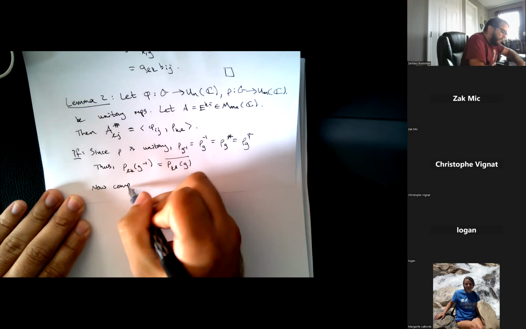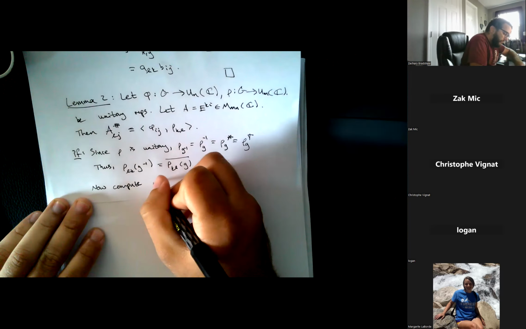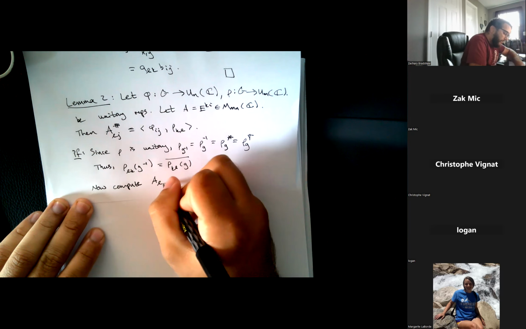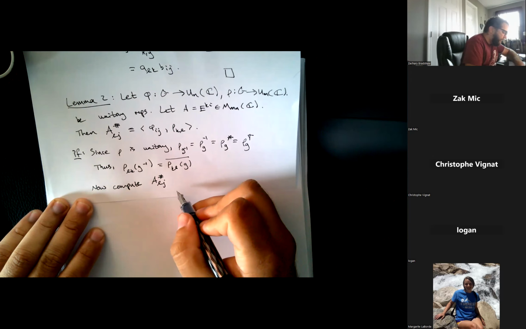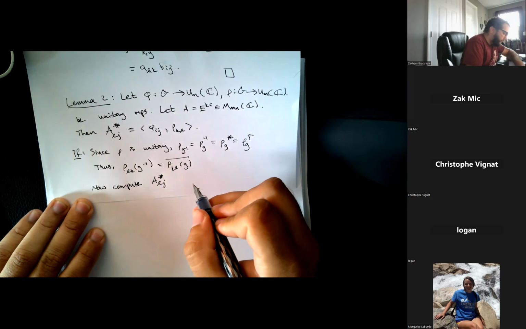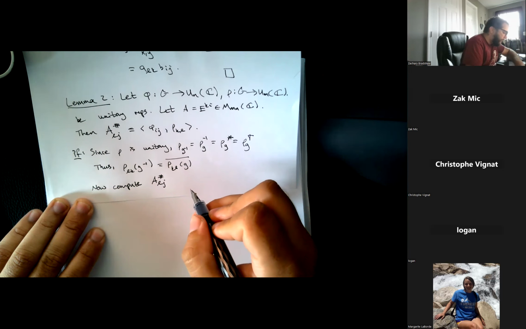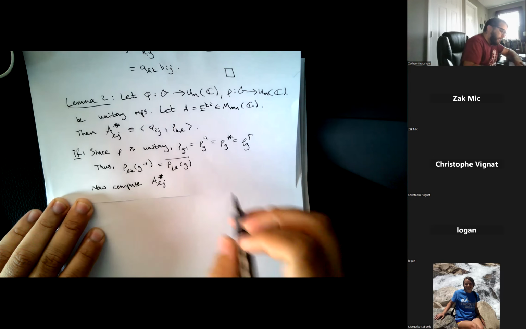So this is just saying that the adjoint in matrix form is the conjugate transpose. Now compute the LJ component of A sharp, the twirl of this A_KI.